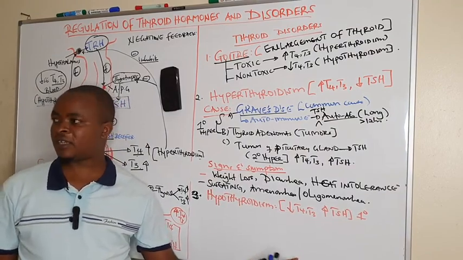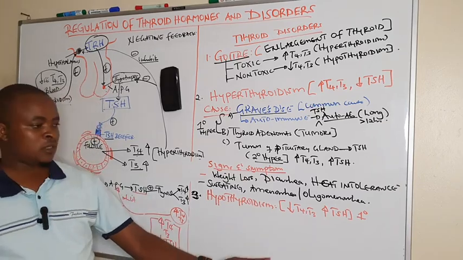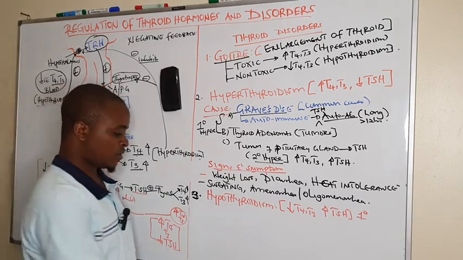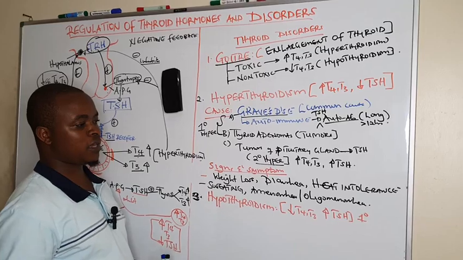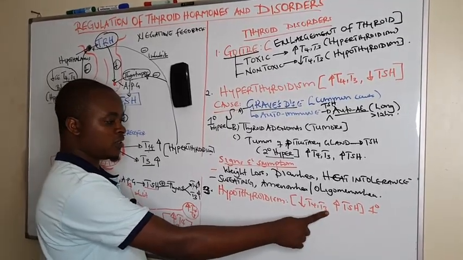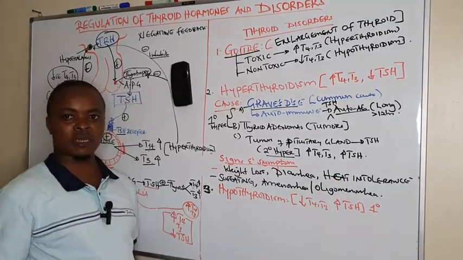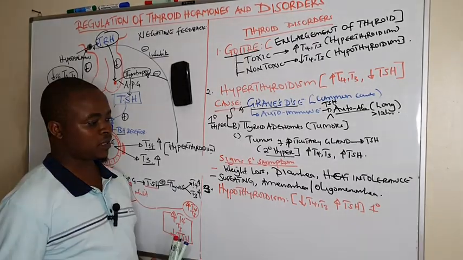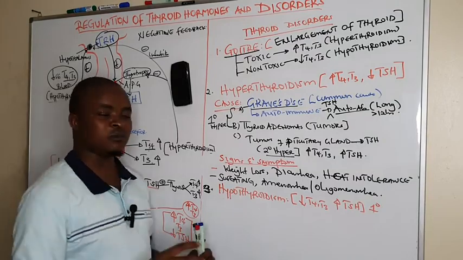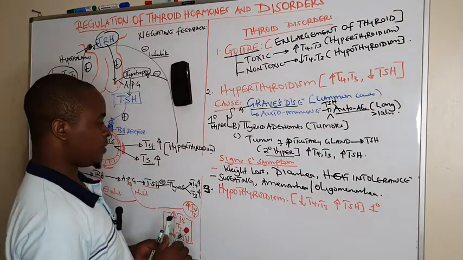If the problem is with the thyroid gland, we have such a result. But if the cause is secondary, we shall also see it. So hypothyroidism is reduced levels of T4 and T3.